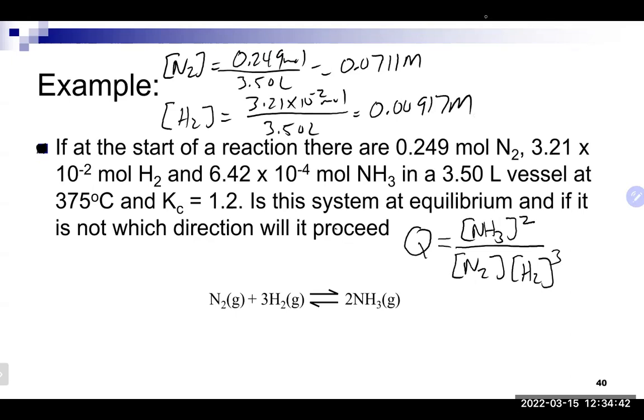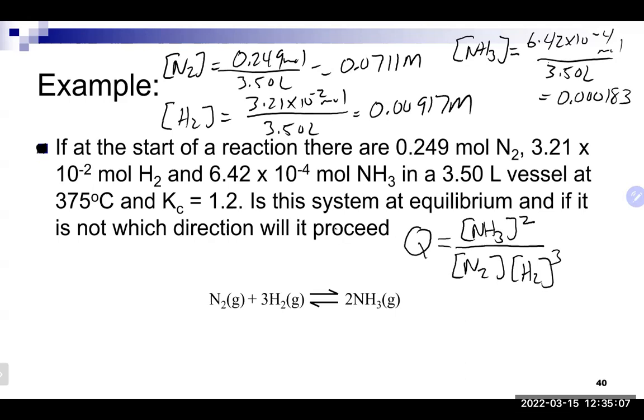And lastly for our NH3, it would be 6.42 times 10 to the minus 4 moles divided by 3.5 liters, which gets us 0.000183 molar. At this point, we have all of our initial concentrations.